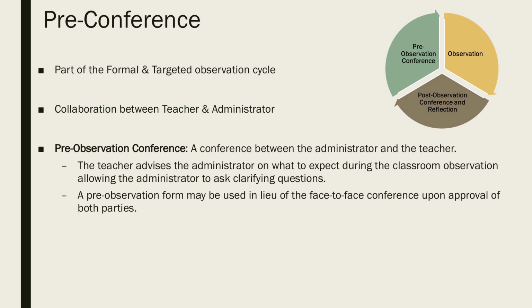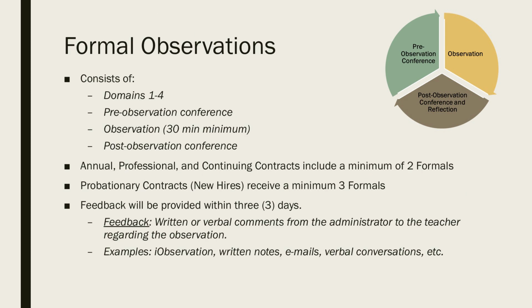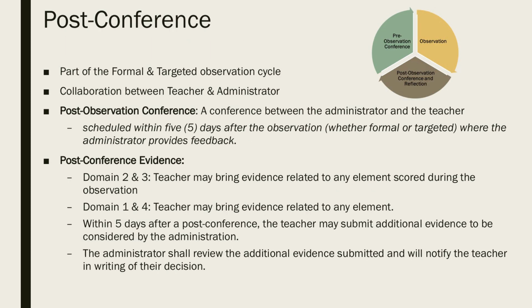A pre-observation form may be used in lieu of the face-to-face conference upon approval of both parties. A formal observation consists of a pre-observation conference between the administrator and the teacher, an observation of at least 30 minutes, and a post-observation conference. The observation cycle for both formal and targeted observations include a post-conference. A post-conference will be scheduled within 5 business days after an observation.